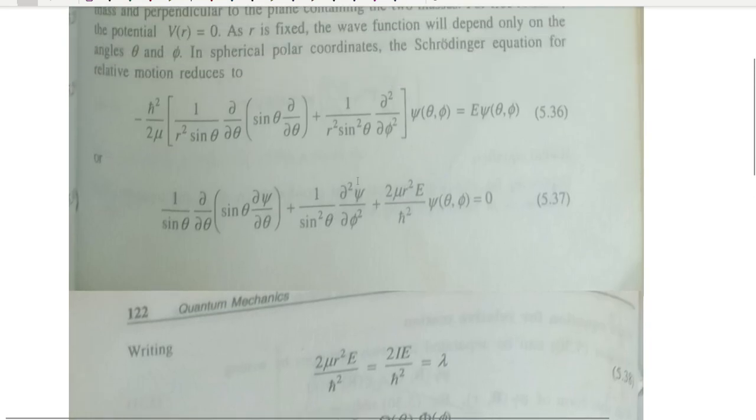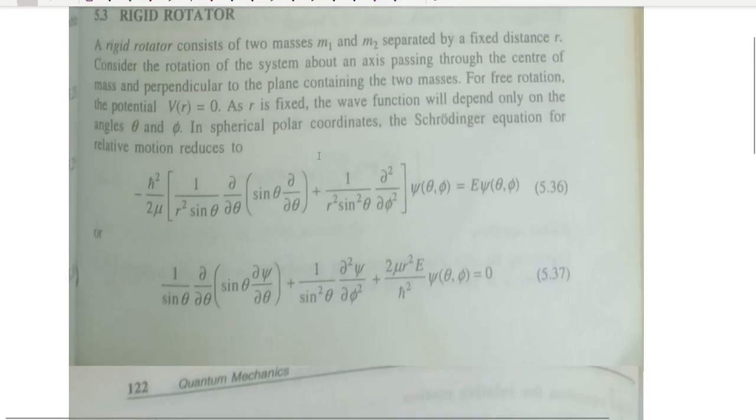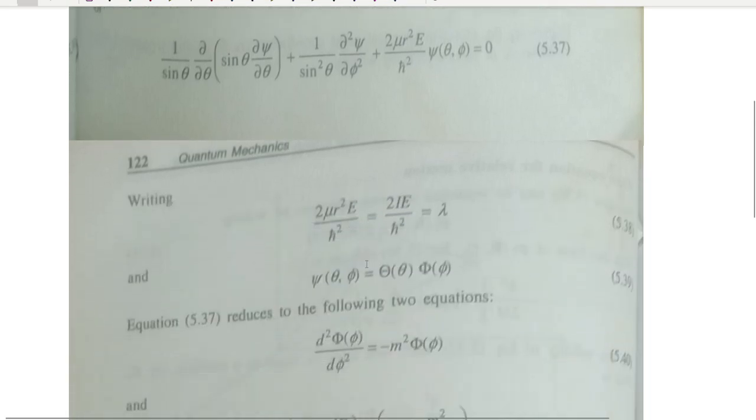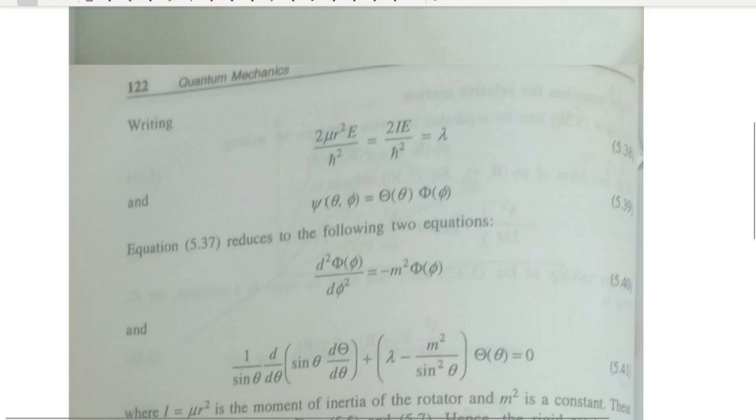If you look at this equation carefully, first they start with the Schrodinger equation, but it is in the form of three-dimensional spherical polar coordinates. Then they use the separation of variables method to separate the different functions.